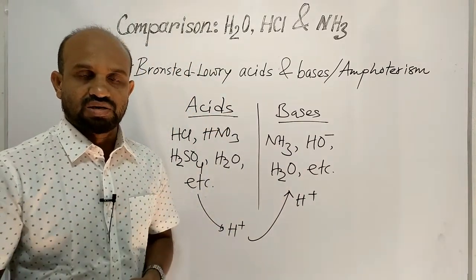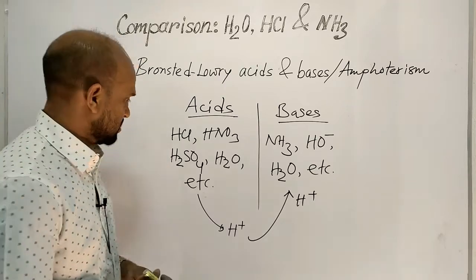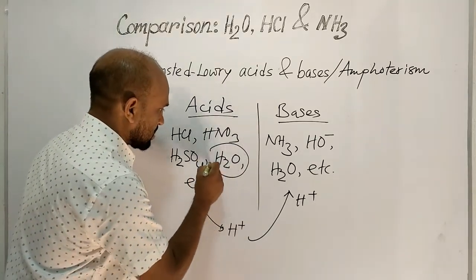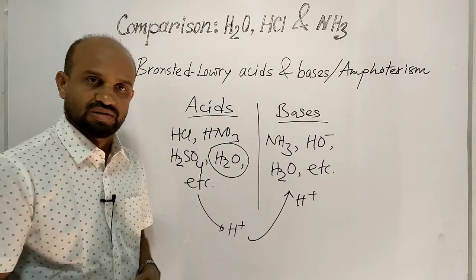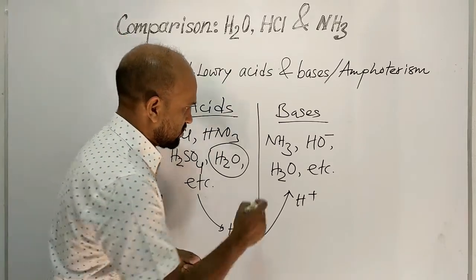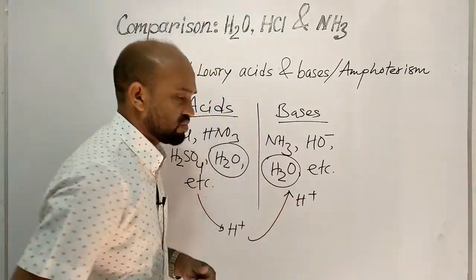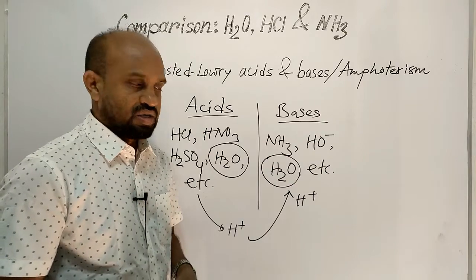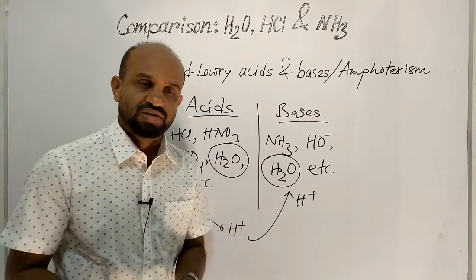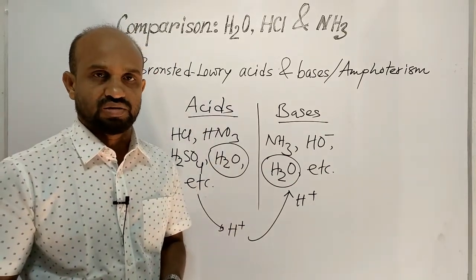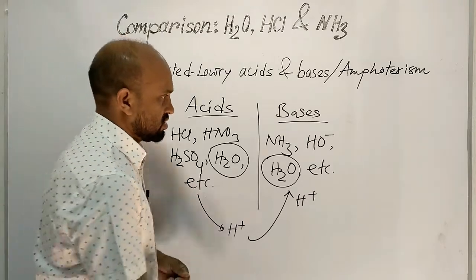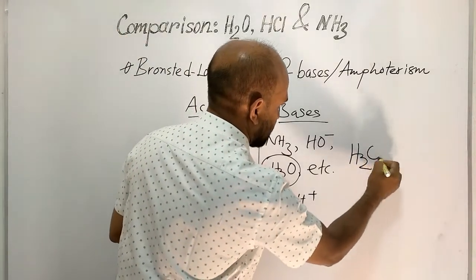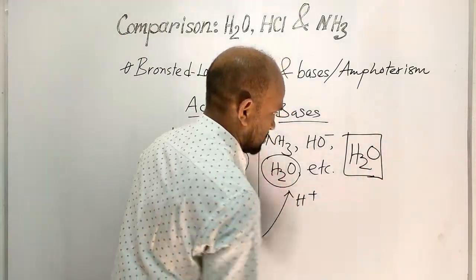One thing is observed here: water is a kind of Bronsted acid. At the same time, water is a kind of Bronsted base. This is known as amphoterism, and water is a kind of amphoteric substance.